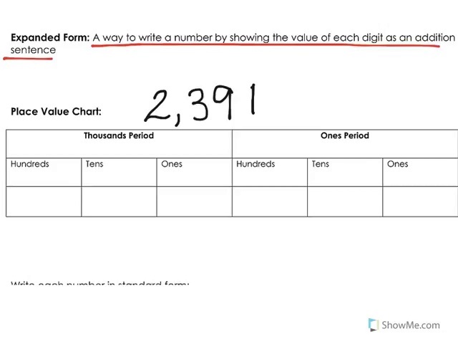So for 2,391, I'm going to write this with a comma after the thousands place, 391. If I were writing this in expanded form, I would write the value of the digit. Although the digit is a 2, the value is 2,000 because it's in the thousands place.